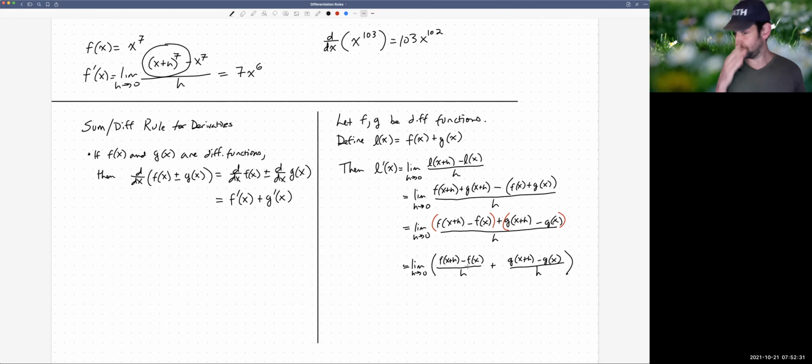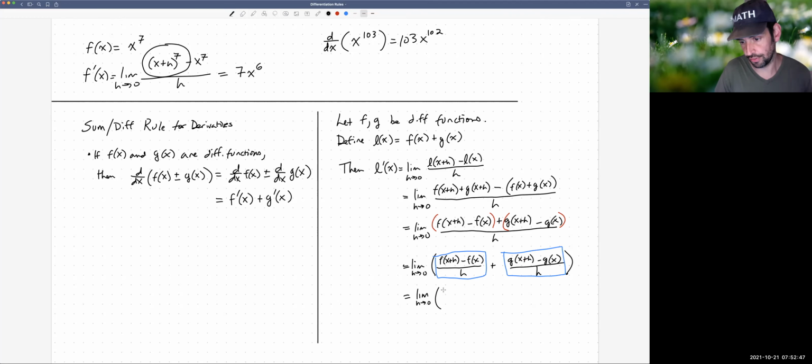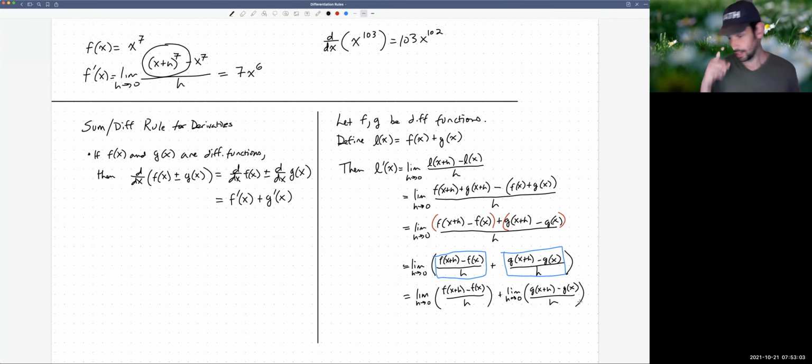When we have the limit of two functions that are added together, I'm thinking of this whole quotient as one function and this as another one. My limit laws let me distribute the limit across these two. So I've got the limit as h goes to 0 of f of x plus h minus f of x over h plus the limit as h goes to 0 of g of x plus h minus g of x over h.